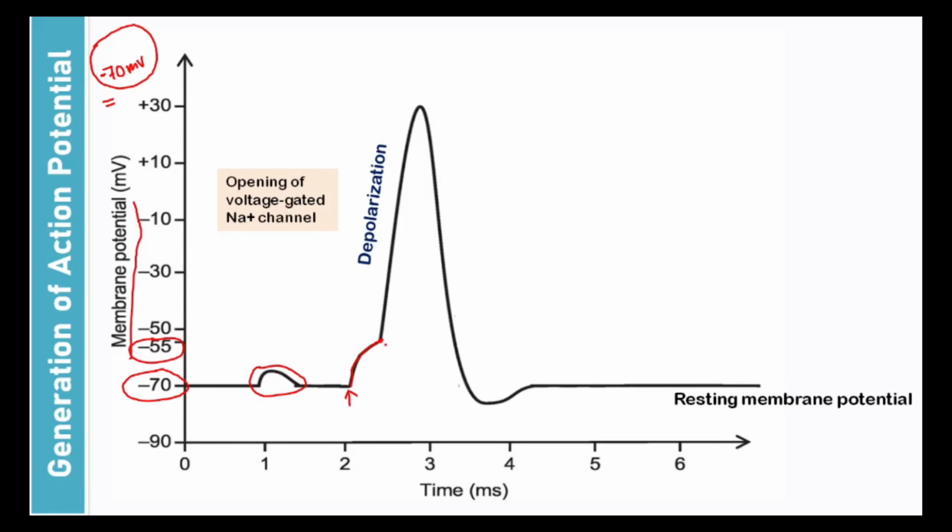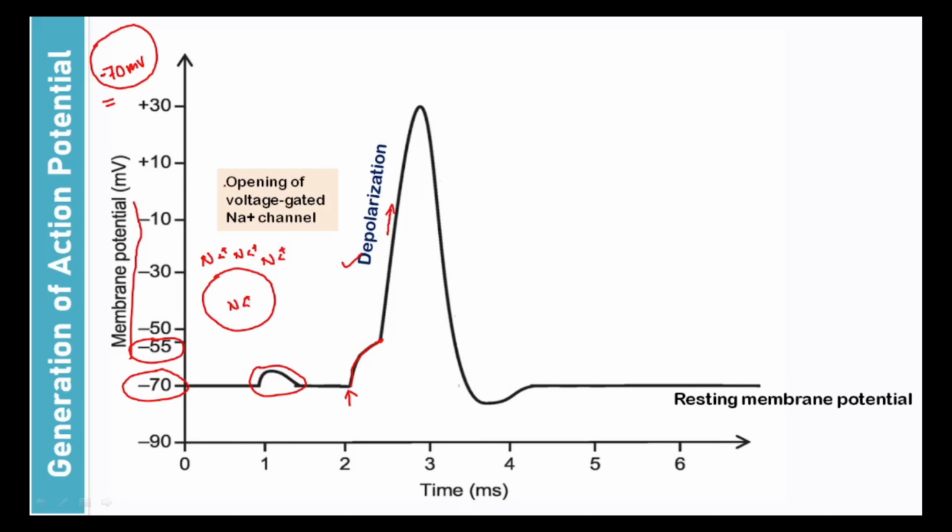As a result, the membrane potential is increasing, which is known as depolarization. If we consider this a cell, we know that in the extracellular side the sodium concentration is more than inside.